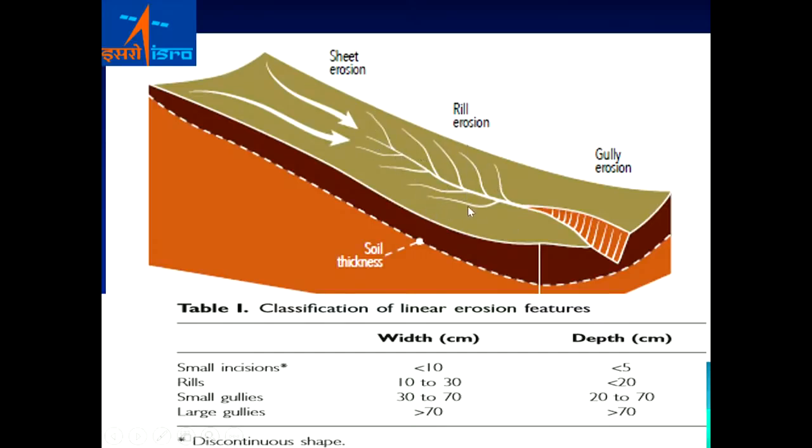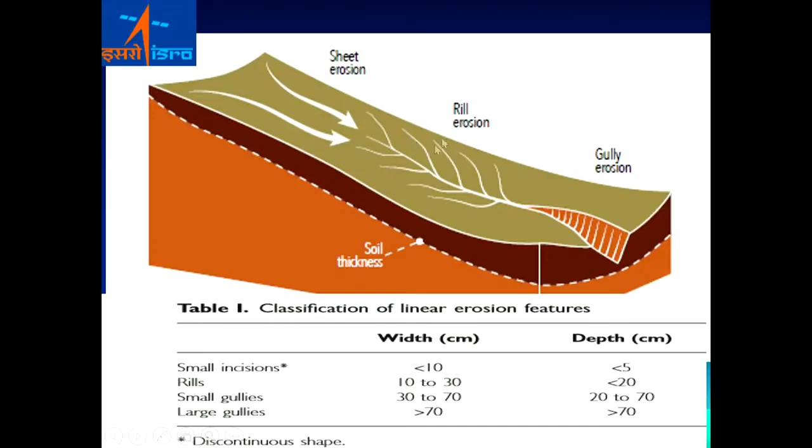And when many rills accumulate water and a large amount of water moves, it creates gully erosion. So soil erosion is a step-by-step process: first splash, then sheet erosion, then rill erosion, and gully erosion.